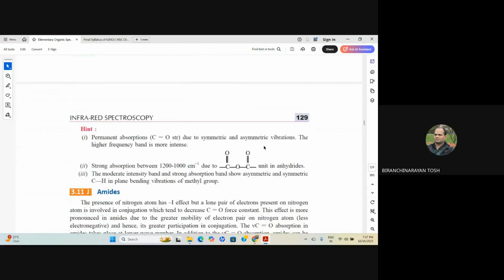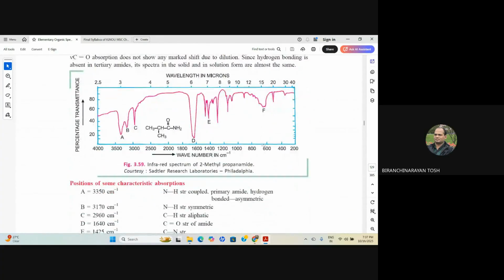Amides: for amide NH2 you'll get the same as in the case of OH, a peak around 3400. All amides will have a similar kind of pattern in the spectra. See, we are detecting the functional group here. An amide has a carbonyl group and an amine.